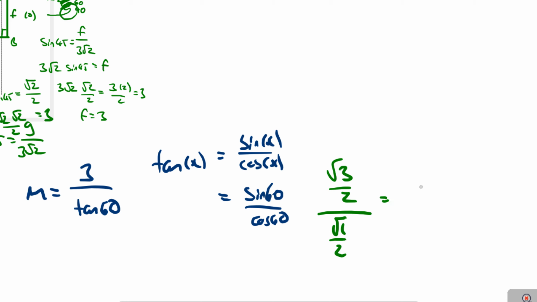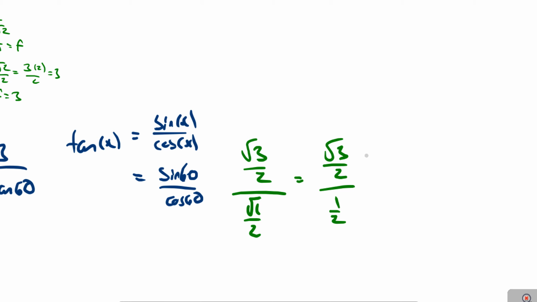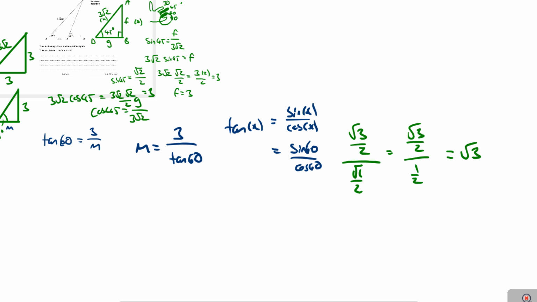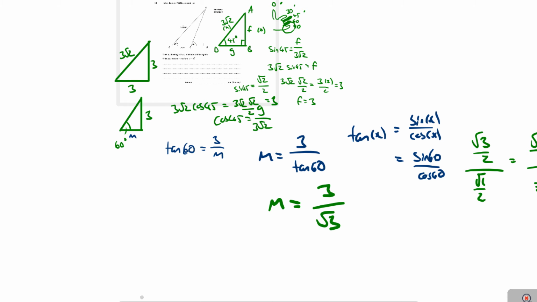So this ends up being root 3 over 2 divided by a half, which is just equal to root 3. So if we go back, M is equal to 3 divided by root 3, and that gives us our equation at the bottom.